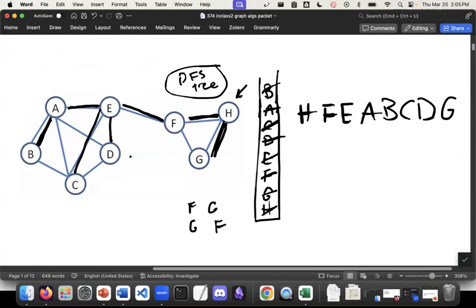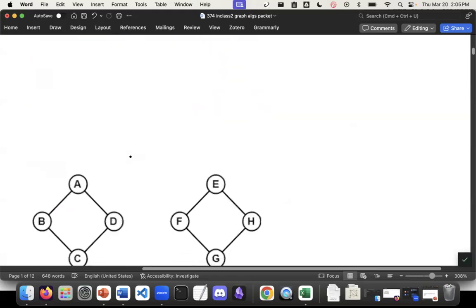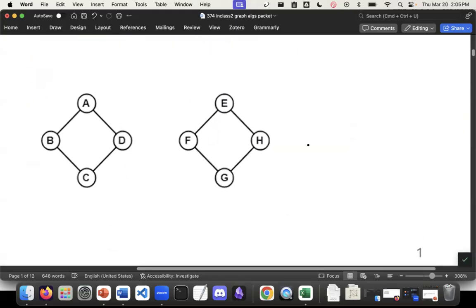Okay, is there any other examples that you want us to go through? The last one on this one? Yeah, so remember for BFS how we said when you run out of something, then you restart? It's the same thing.